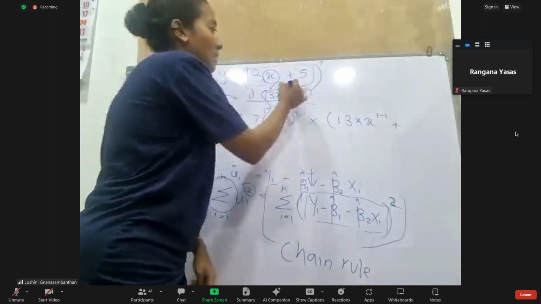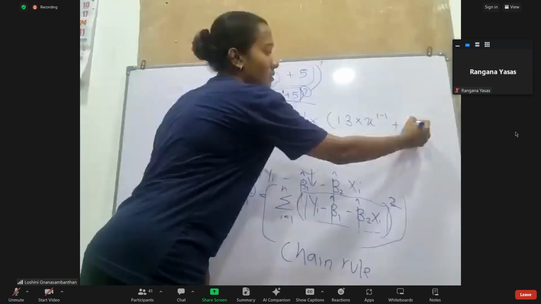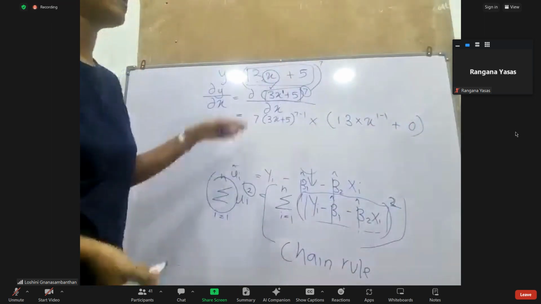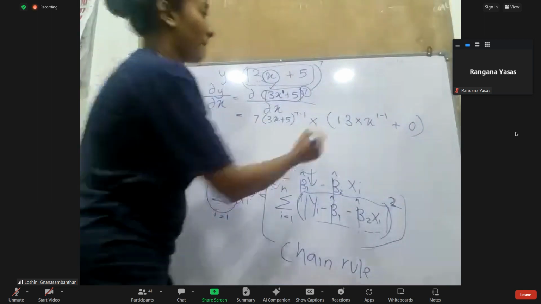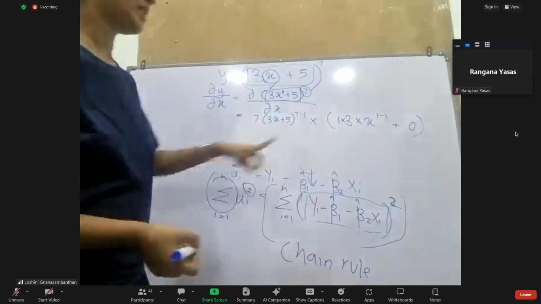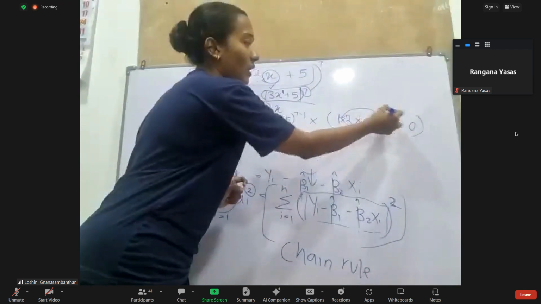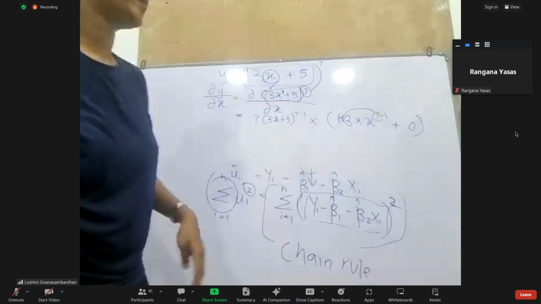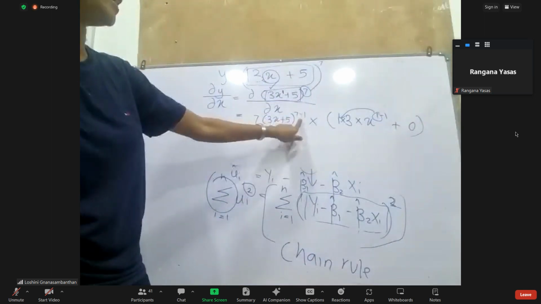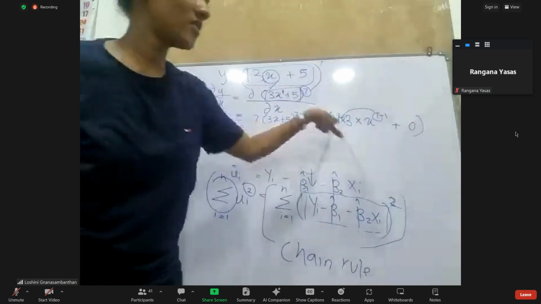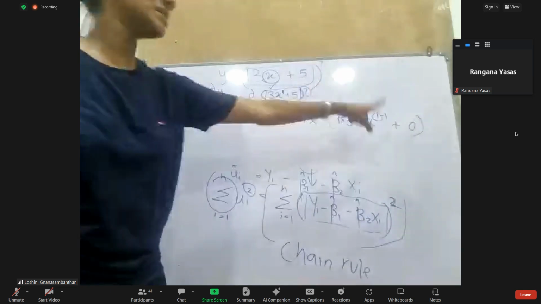Now this 5 is a constant, it is 0. In derivatives we have learned, what are you doing? This power you are taking here and you are deducting 1 from that power. Okay, just as how you did this. But you are doing this on the inside and the constant is 0.